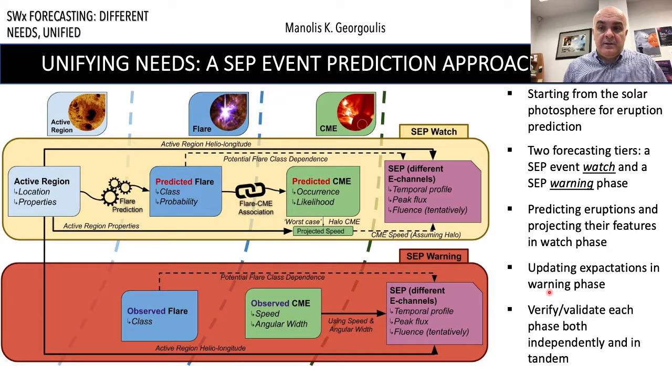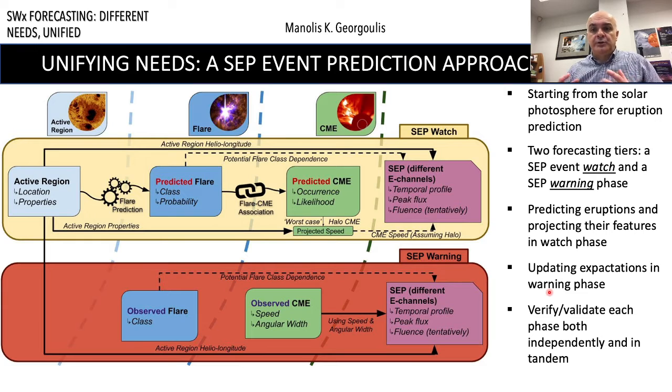Putting everything together, what we have recently done at Georgia State University at the data mining lab is that we presented a concept of solar energetic particle event forecasting going back all the way to the solar sources.